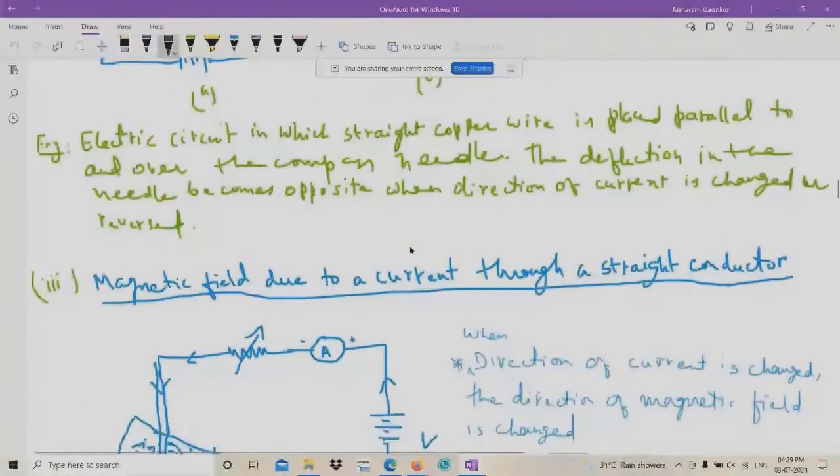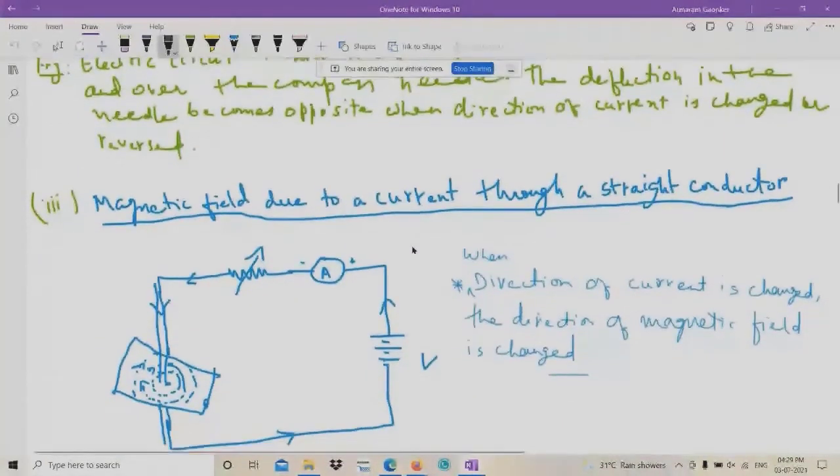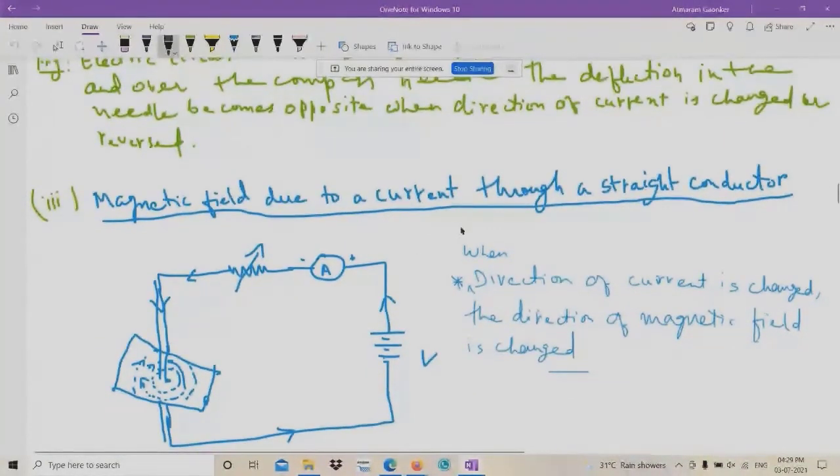And then we will see how the magnetic field lines are in a straight conductor. This is the circuit carrying the current, and this is the conductor which carries the current in the downward direction.